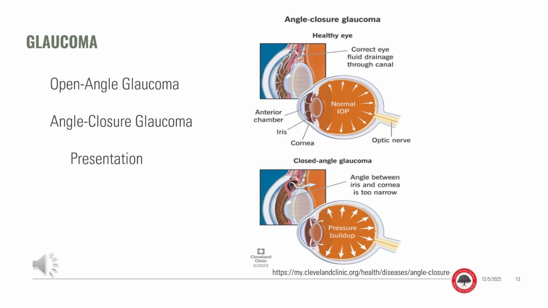What might that pupil look like? The pupil of the affected eye may be mid-dilated and non-reactive. The fundoscopic examination may show a pale optic disc with excavated cupping and a shallow anterior chamber. So these are all words that you might see on your boards and on exams within your course. There may be an increased cup-disc ratio and asymmetry, and that means that when you examine the eye, you have to be able to see the back of the eye in order to understand all this and to be able to identify it.